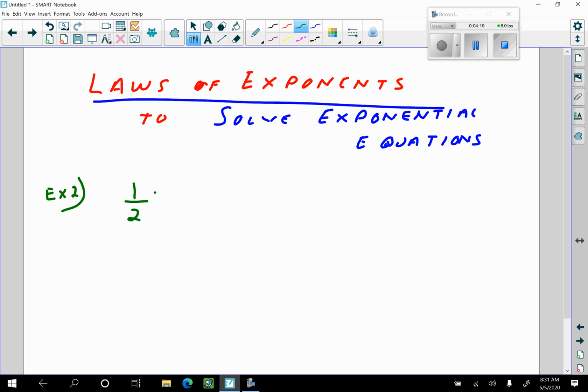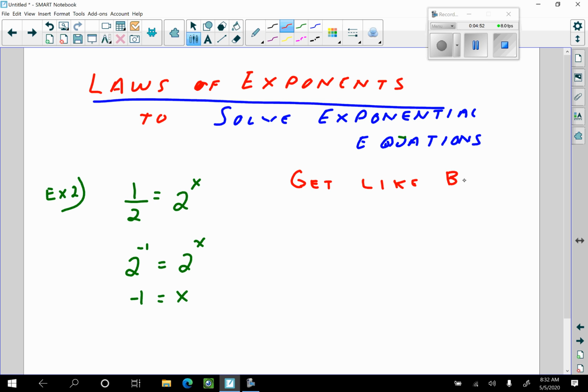If I have 1/2 is equal to 2 to the x, well, what's x? I know that 1/2 is the same as 2 to the negative 1. If 2 to the negative 1 is 2 to the x, that says that negative 1 is equal to x. So the method of solving exponential equations in this video is to get like bases.